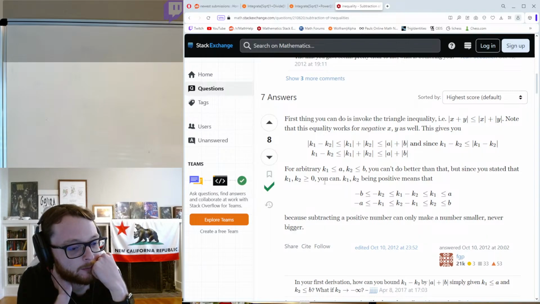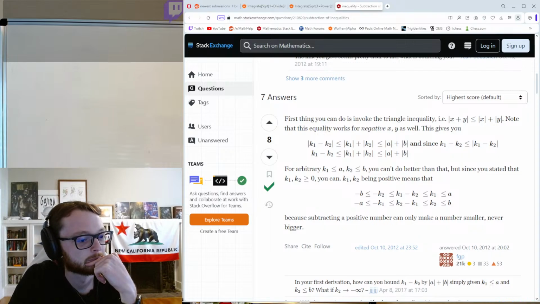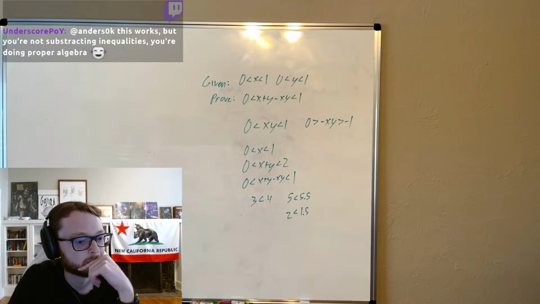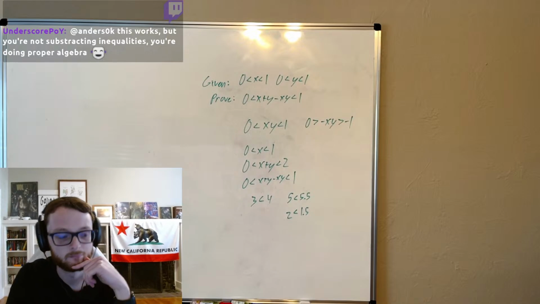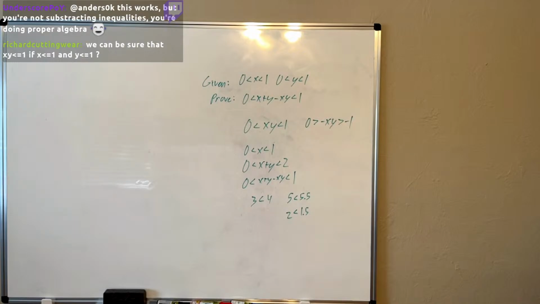Draw a square of side length 1, put x on the bottom. Well, none of these inequalities are or equal to. They're all strict. So I think the statement is accurate, Richard.